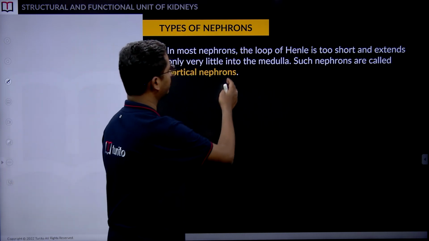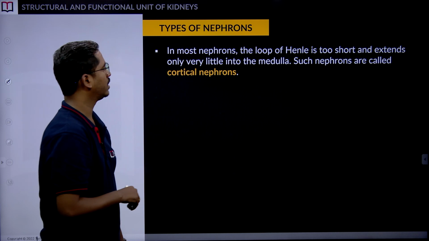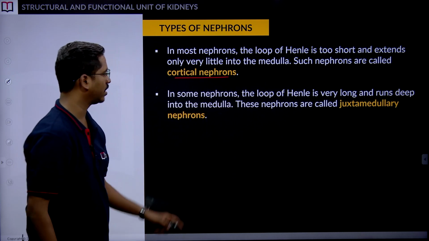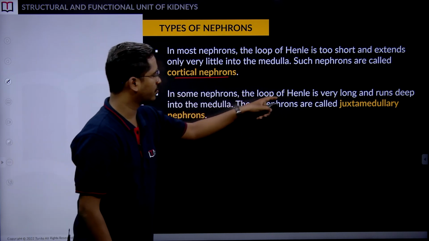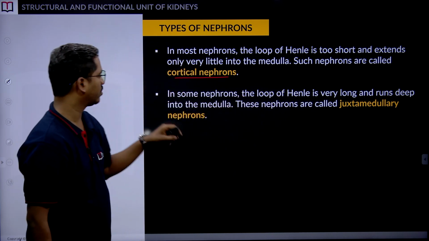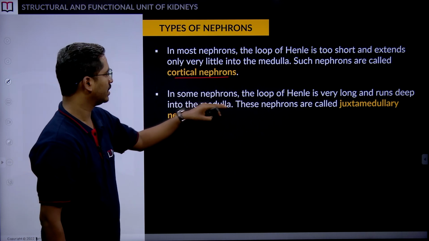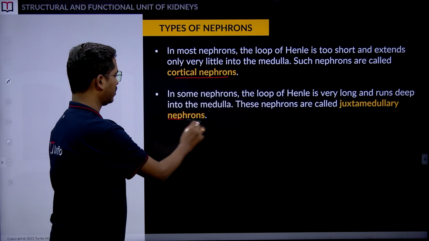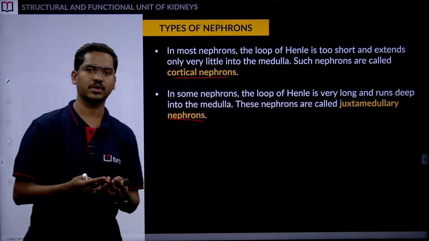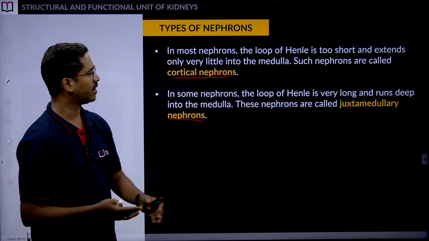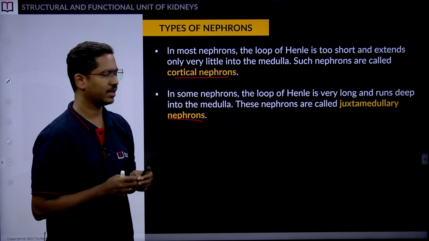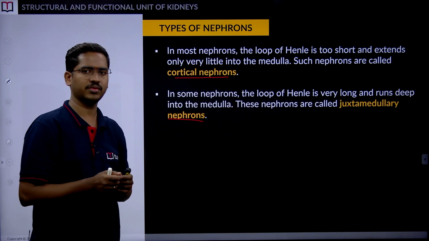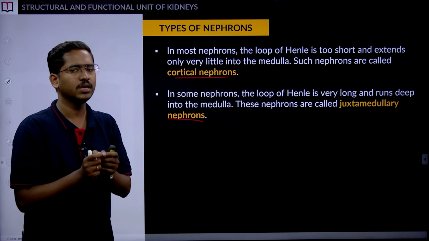So, in most of the nephrons the loop of Henle is too short and extends only very little into the medulla, such nephrons are cortical nephrons, whereas in some nephrons the loop of Henle is very long and it runs deep into the medulla. These nephrons are juxtamedullary nephrons. So, juxtamedullary nephrons are running deep into the medulla, whereas the cortical nephrons are just passing to the outer part of the medulla, that is just the outer part of the pyramid structure.